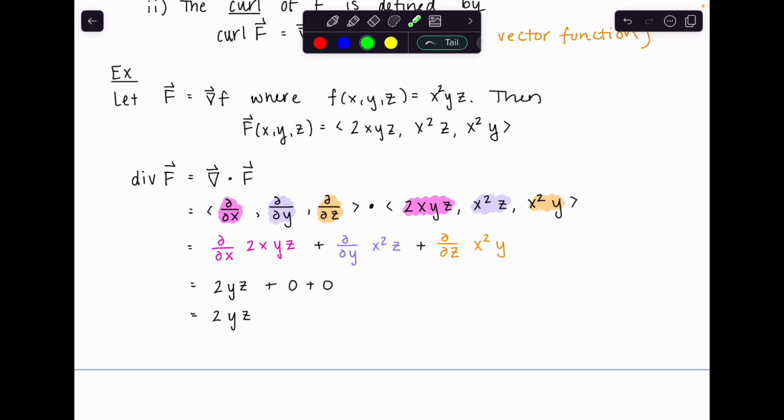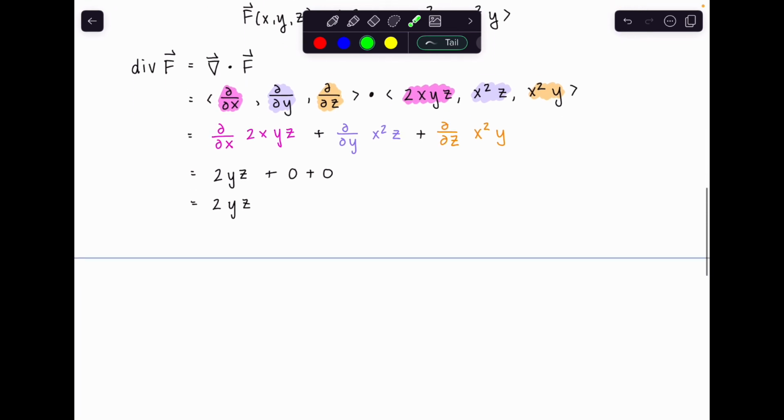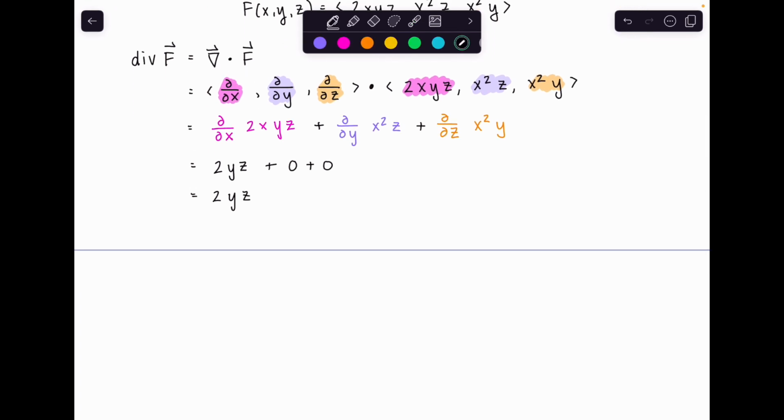So the divergence depends on the point that you're at, which is still okay. You can think of if you're at the origin, you're not going to move. You're stuck in place because y and z are both going to equal 0. But the further out you go from the origin, the more likely it is for you to move and get exploded off that point. So that is our divergence.